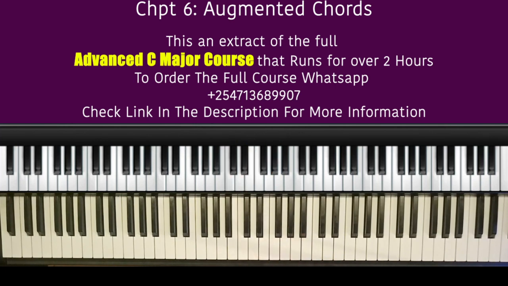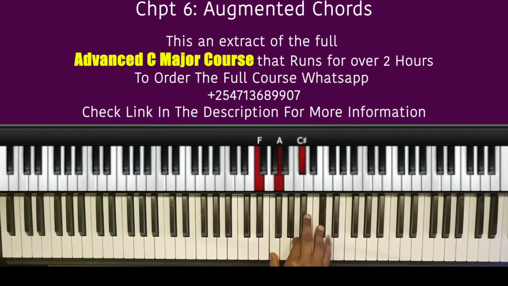And there are only, I think, how many? 4 sets. There are only 4 sets of augmented chords on the keyboard. So you have this one. It's the same as this one. And it's the same as this one. So the C augmented chord is the same as the E augmented chord and the G sharp augmented chord. That's just the same thing. Then the C sharp augmented chord, so it's something like this.